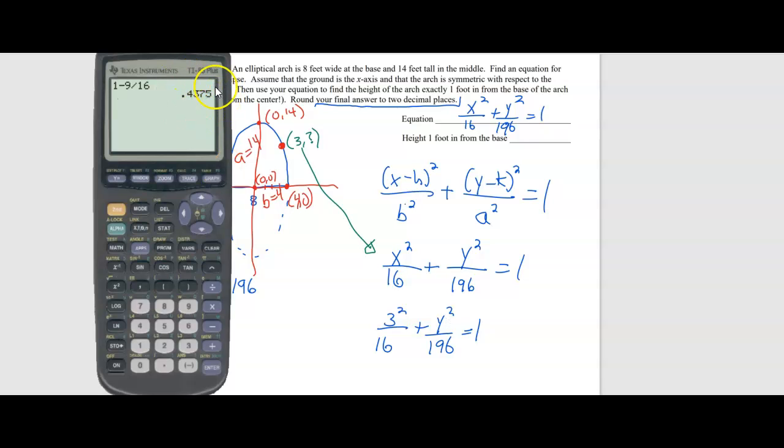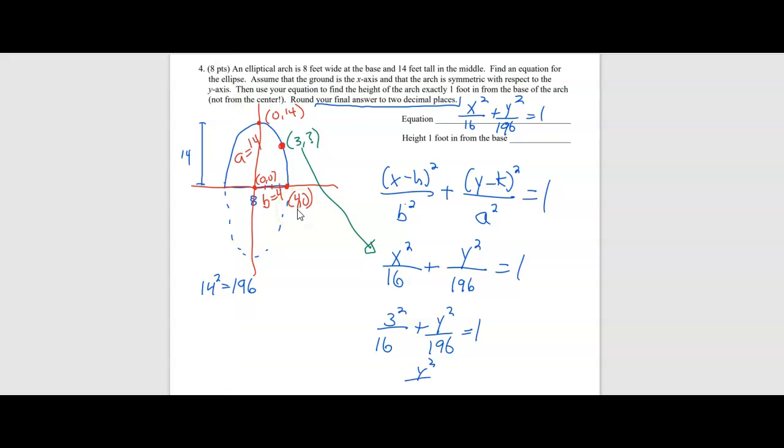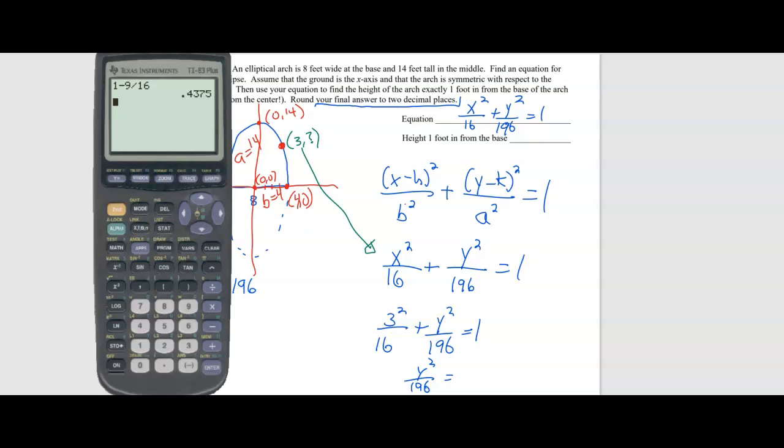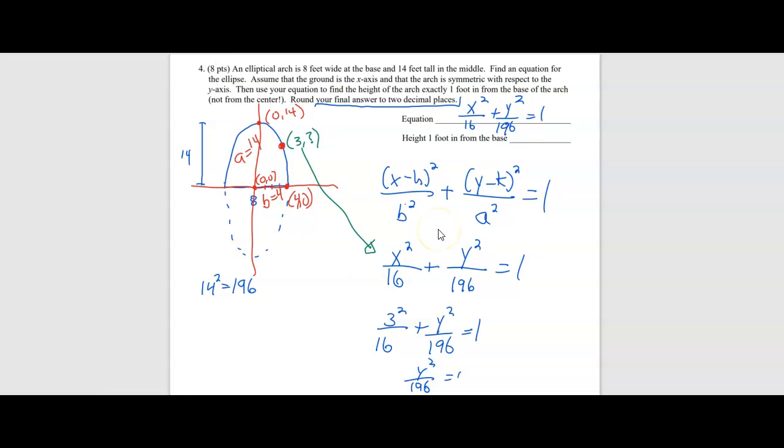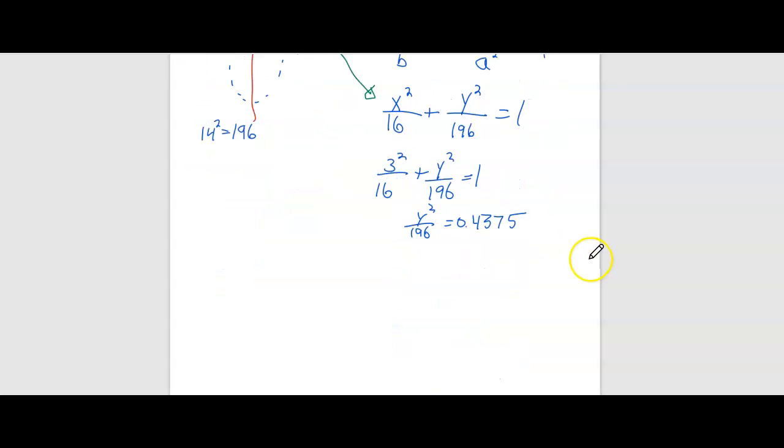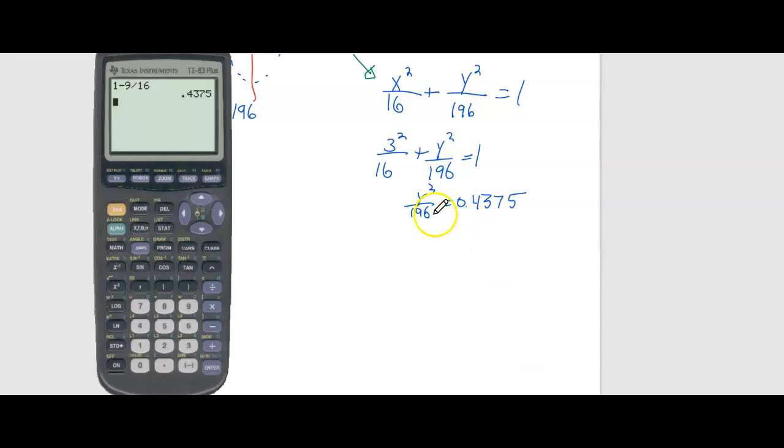That's an exact number. I'm not rounding if I were to write that. y squared over 196 equals 0.4375. Multiplying by 196, y squared equals 85.75.